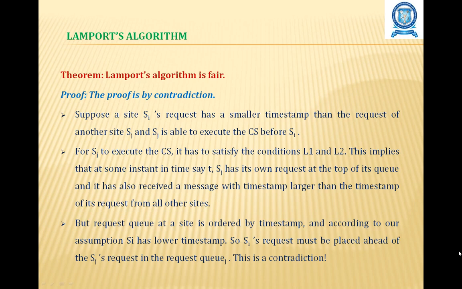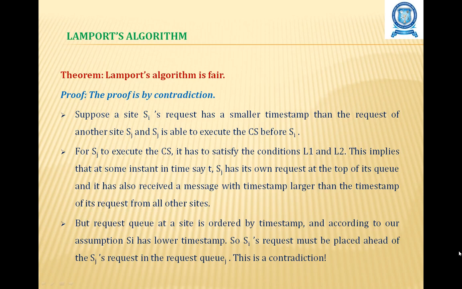For Sj to execute the critical section, it has to satisfy the two conditions L1 and L2, which implies that at some instant in time, Sj has its own request at the top of the queue and has received a message with a timestamp larger than its request from all the other sites.